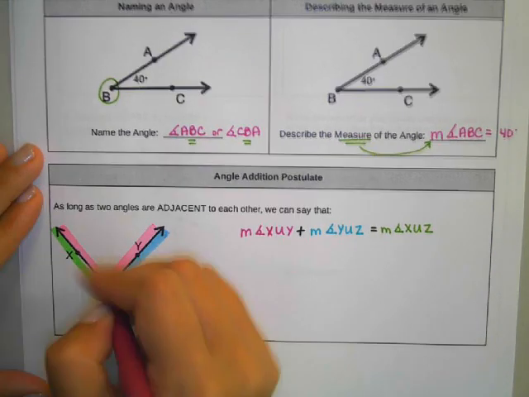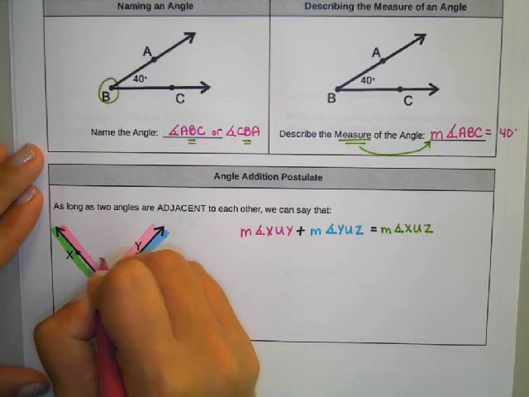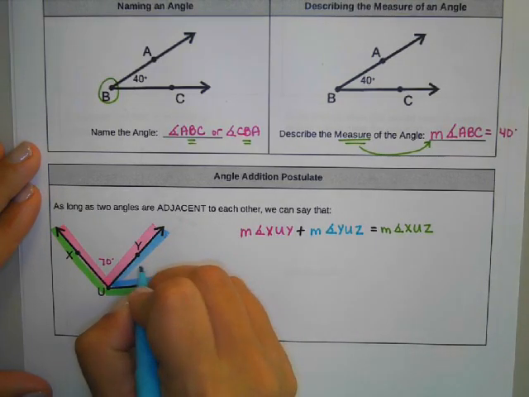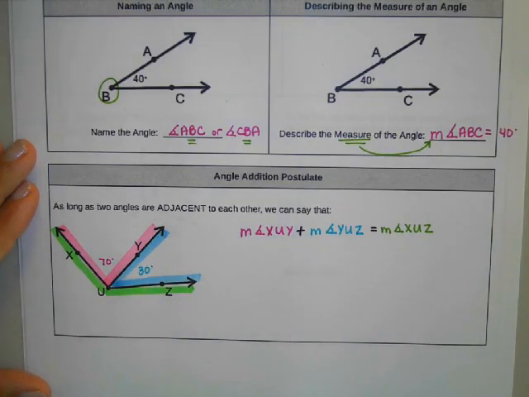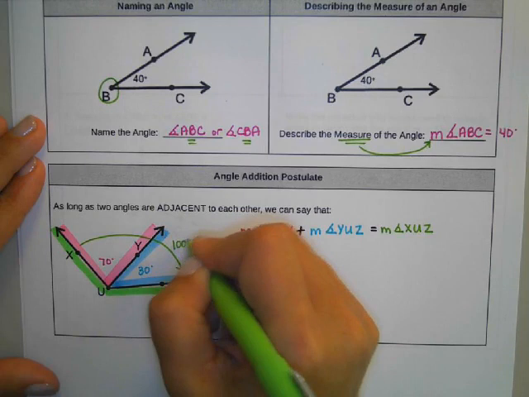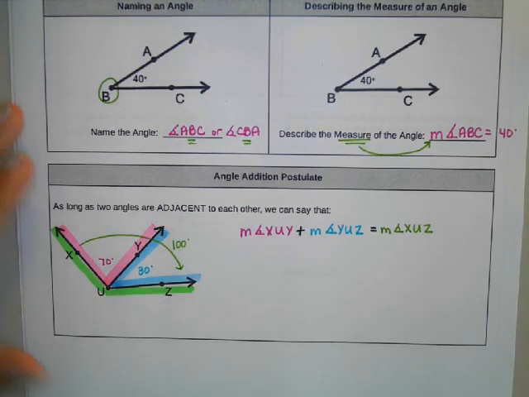It means that if I know that this angle is 70 degrees, and I know that this angle is 30 degrees, then I know that the whole thing would have to be 100 degrees because that would be 70 plus 30 added together.